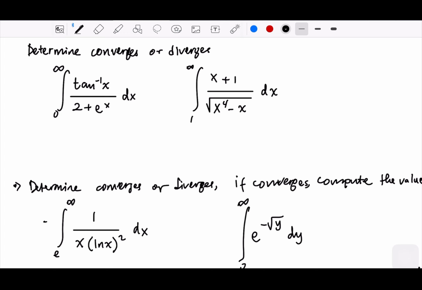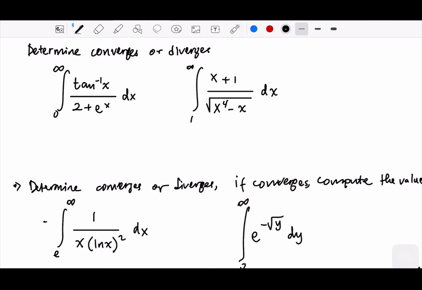But if not, then you can just go to GeoGebra or Desmos and look at it by yourself and convince yourself that the tangent inverse cannot go above that value. Perhaps it's going to be 1 point something, but if you look at the graph, the tangent inverse will not go above 2.